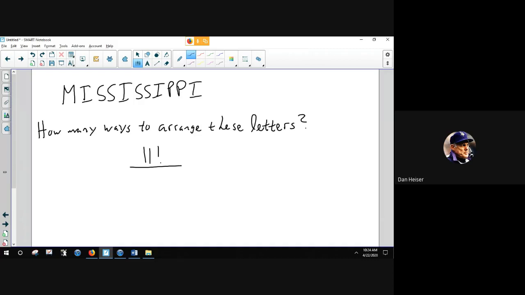We have 4 I's, only 1 M, and 4 S's to divide out. We have 4 factorial ways just to rearrange the S's without putting them in a new spot every time. 2 P's.